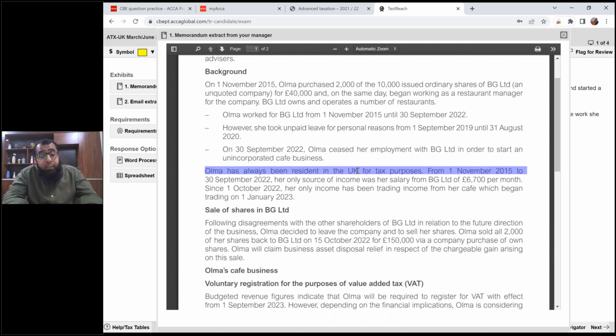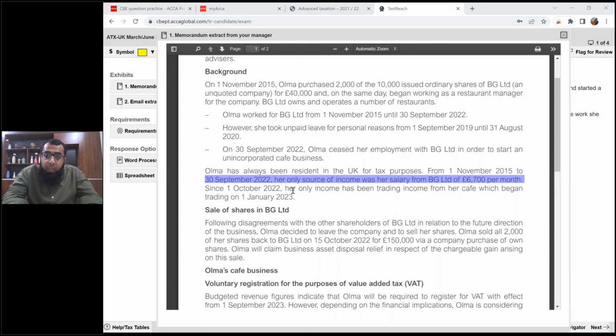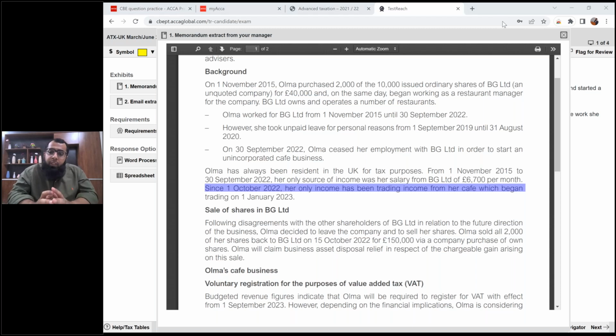Alma has always been resident in the UK for tax purposes. From 1st November 15 to 30th September 22, her only source of income was her salary from BG Limited of £6,700 per month. Since 1st October 2022, her only income has been trading income from her cafe, which began trading on 1st January 2020.